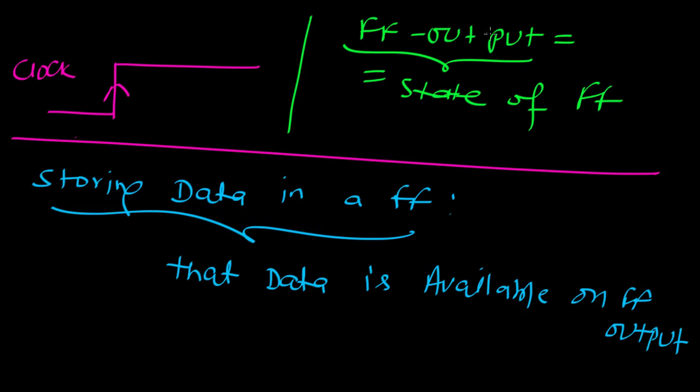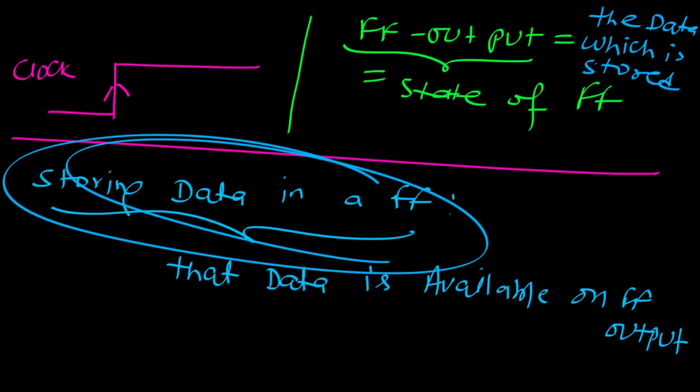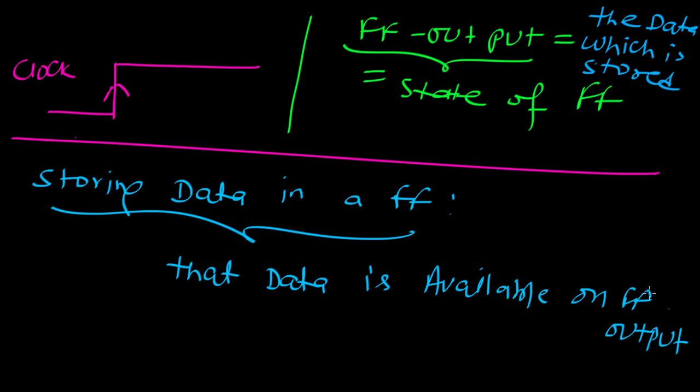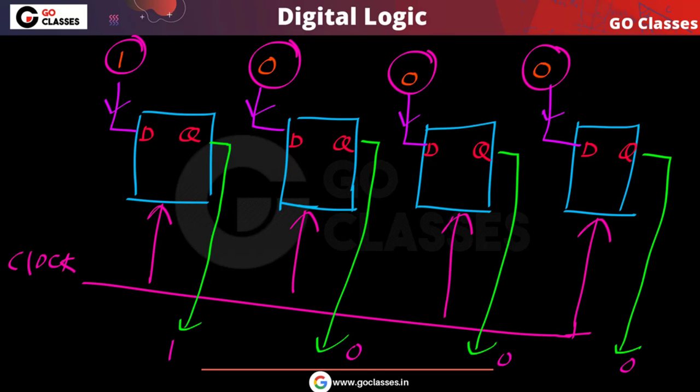If the flip-flop output is 0, it means 0 is stored. I told you that storing the data in a flip-flop means that data is available on the flip-flop output. So the flip-flop output means the data which is stored, and that is basically the state of the flip-flop.